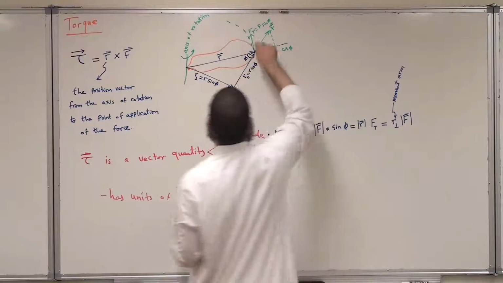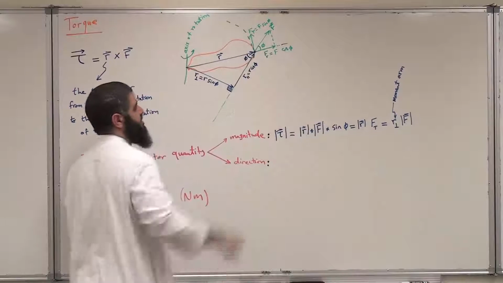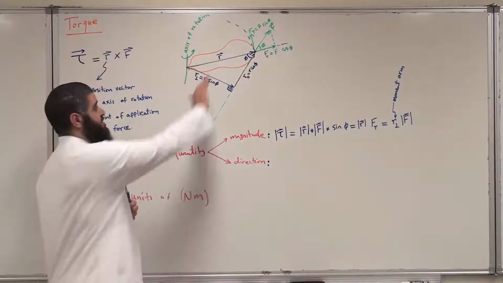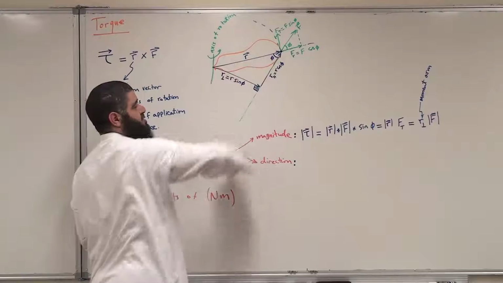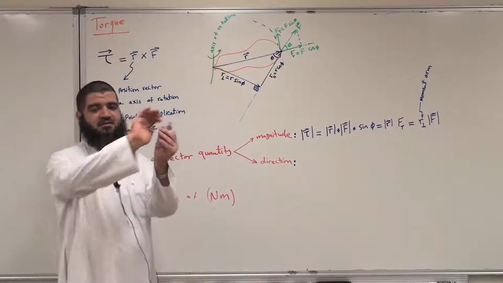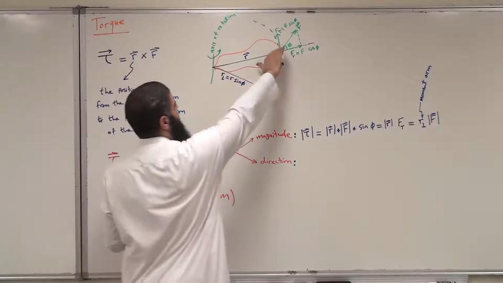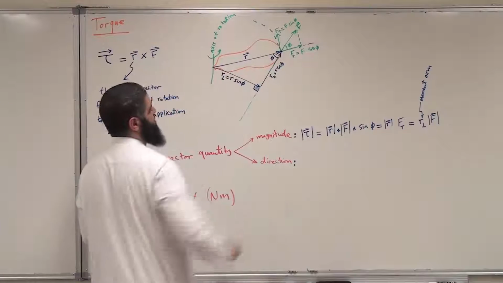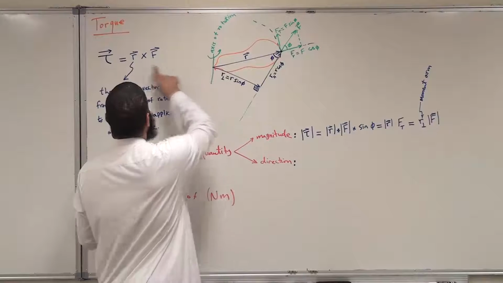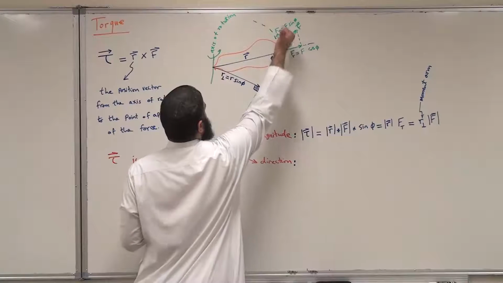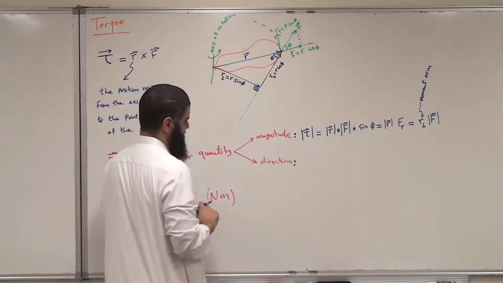If this force was a little bit like this, it will cause clockwise rotation. So you put your fingers with the direction of the cross product of R and F. So R cross F will give you something outward, which is positive.